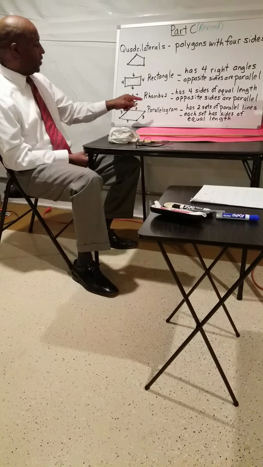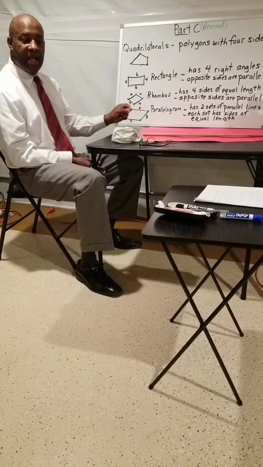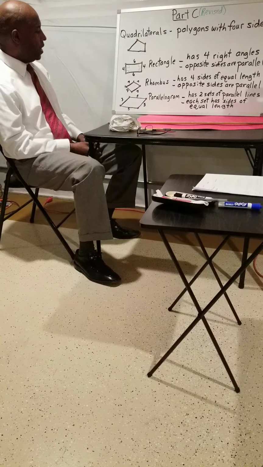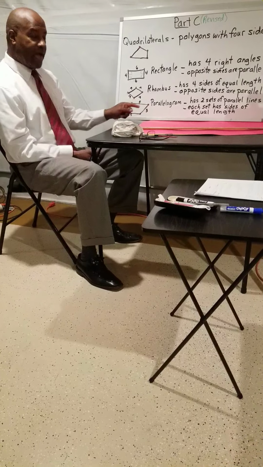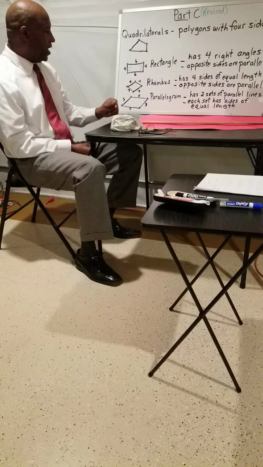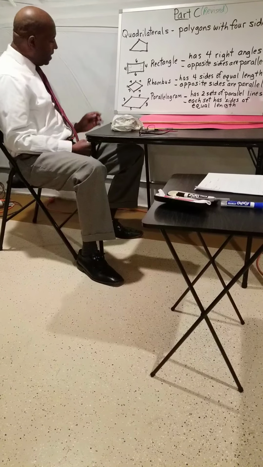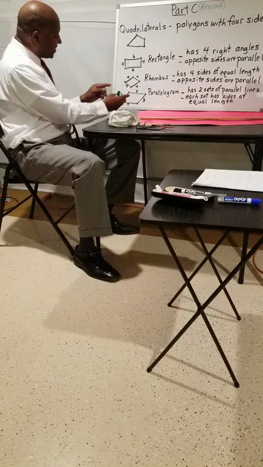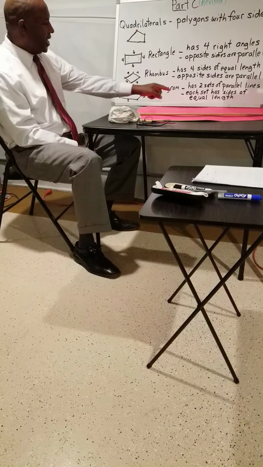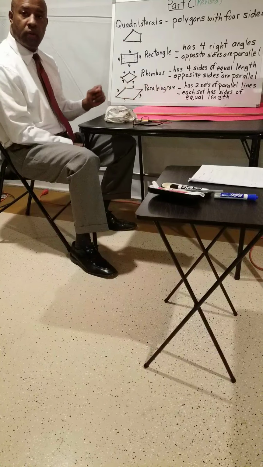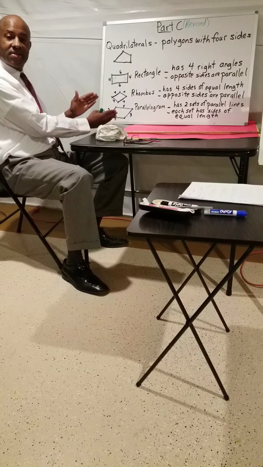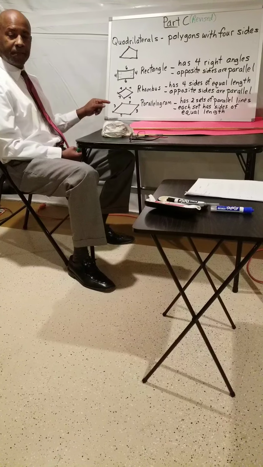Then we have a parallelogram. A parallelogram has 2 sets of parallel lines. We have a parallel line at the top and bottom. We have parallel lines on the sides, they will never touch. Each set has sides of equal length. On the sides, the equal lengths are 3.